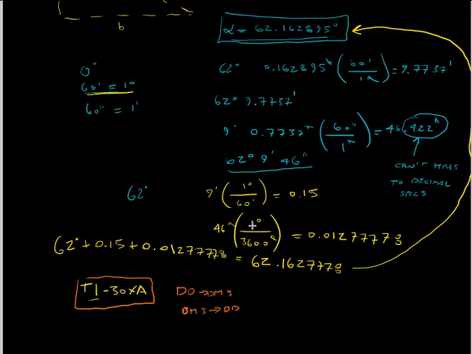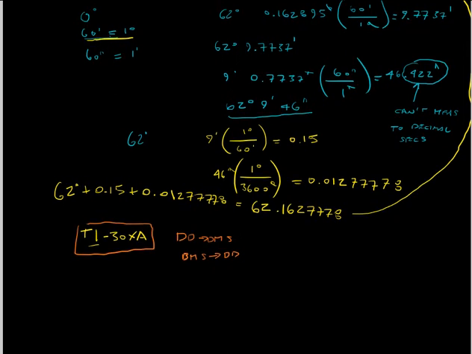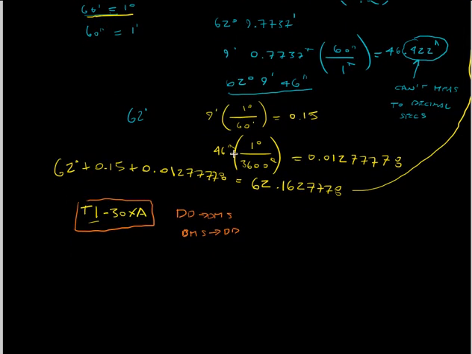You don't have to do all this converting because it does get tiring. Once you know how to do it in your head, you can do it faster with a calculator.